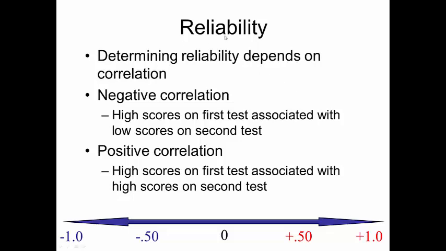One of the reasons we talk about reliability after talking about correlation is because determining reliability depends on correlation. Essentially, you're assessing the reliability of a measure by looking to see how closely two different measurements accord.